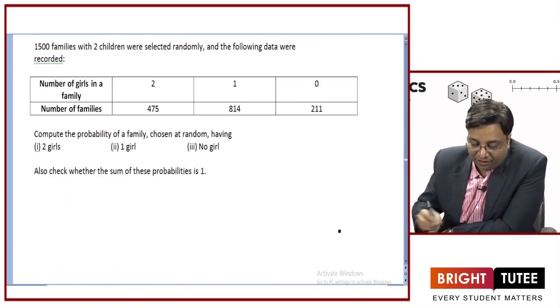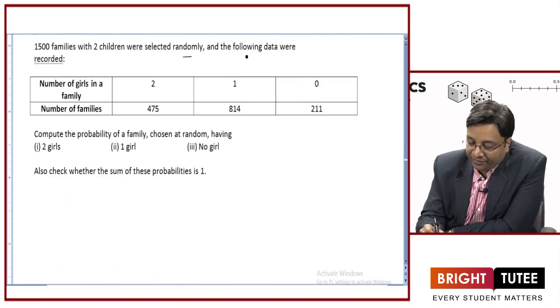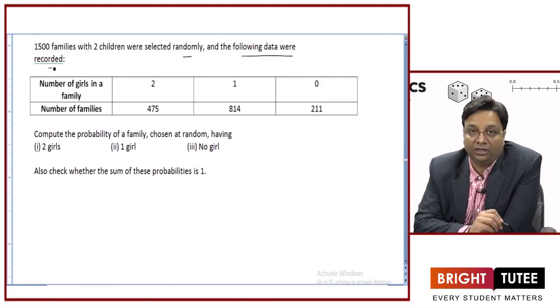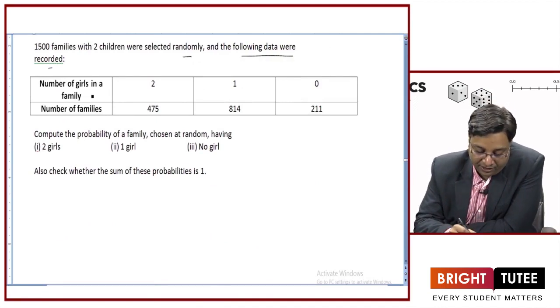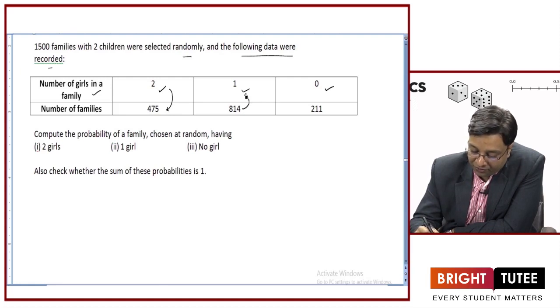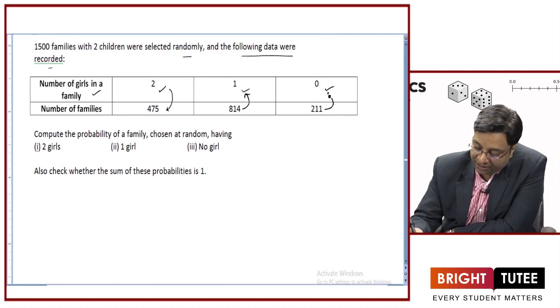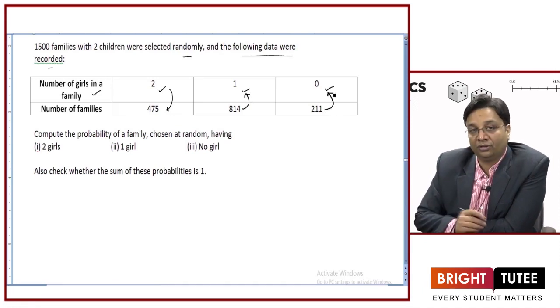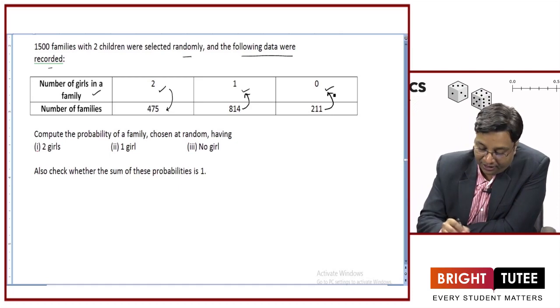1500 families with 2 children were selected randomly, and the following data was recorded. Number of girls in a family: 2, 1, 0. 475 families have 2 girls, 814 families have 1 girl in their family, and 211 families have no girl in their family, right?